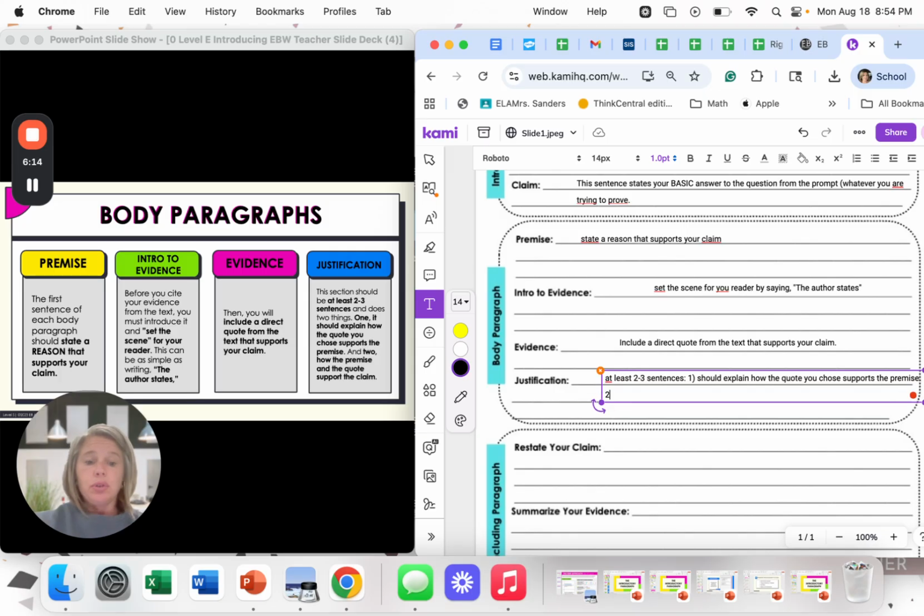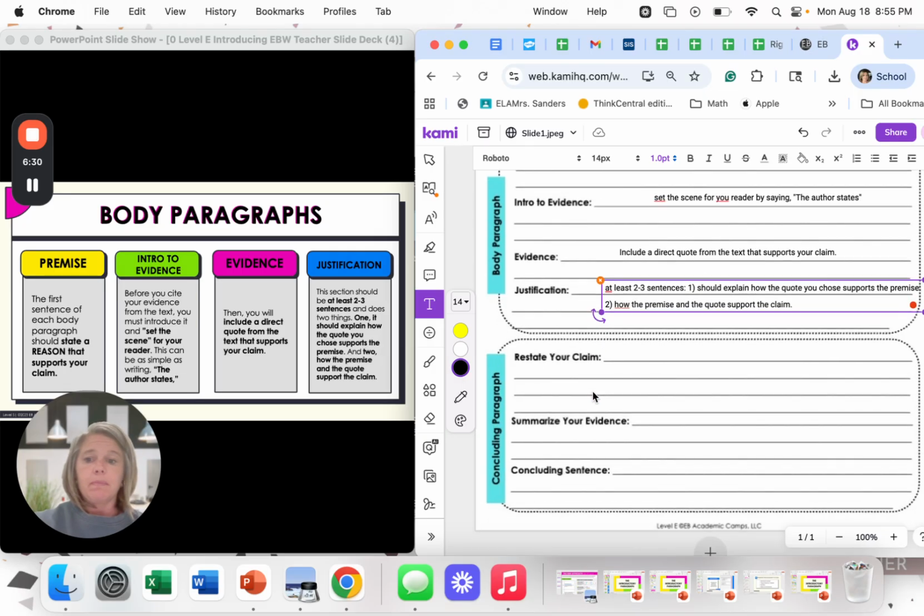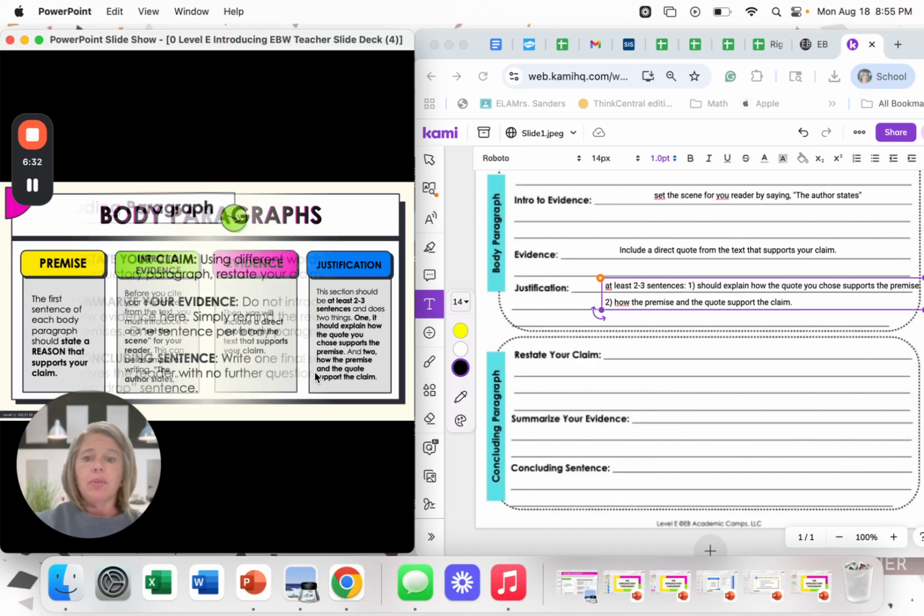And 2, how the premise and the quote support the claim. And we'll work on this. This is just writing notes today. So all you're doing is writing down what I have for you here. So don't feel like you have to know everything right now.